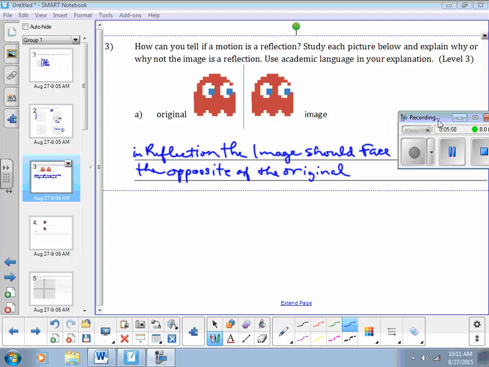Now, is that the only way you can explain a reflection? No. Does anybody have another way you could explain it? That's a good answer. How else can you explain a reflection? Remember the activity that we did where I made you fold the paper? When you folded the paper, you creased it, right?